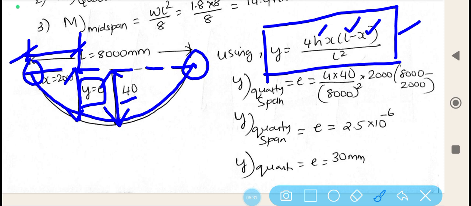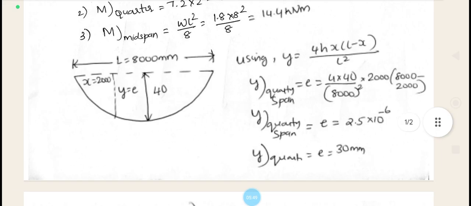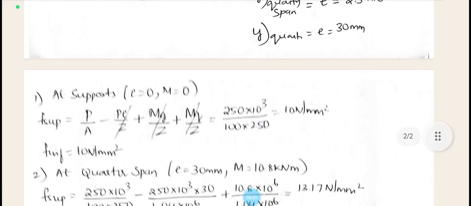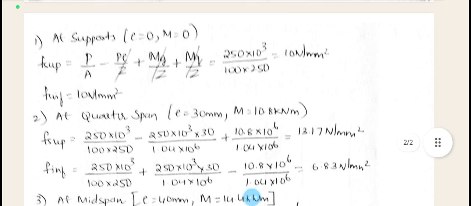Here we are trying to find it at the quarter span. Quarter means 8 divided by 4, so we are finding it at 2 meters. Carrying out the calculations, we get y as 30 mm. After getting the 30 mm value, let us proceed to the next. At the supports, we need to find out the stress distribution.